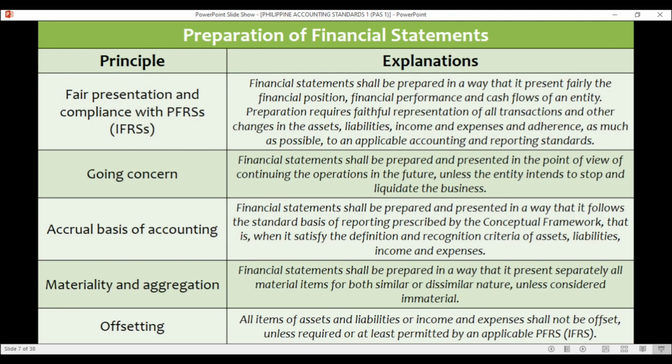In order for us to prepare financial statements, PAS 1 provides the following principles. First, fair presentation and compliance with PFRS or IFRS. Financial statements shall be prepared in a way that it presents fairly the statement of financial position, financial performance, and cash flows of an entity.